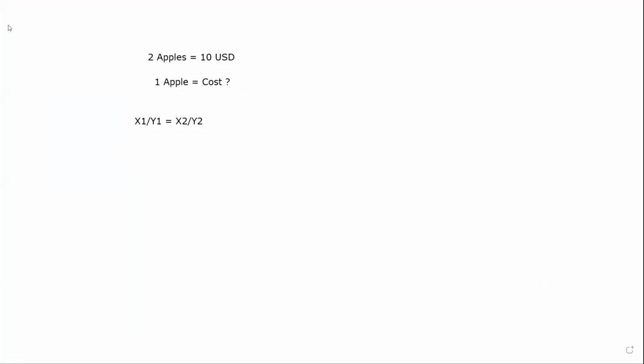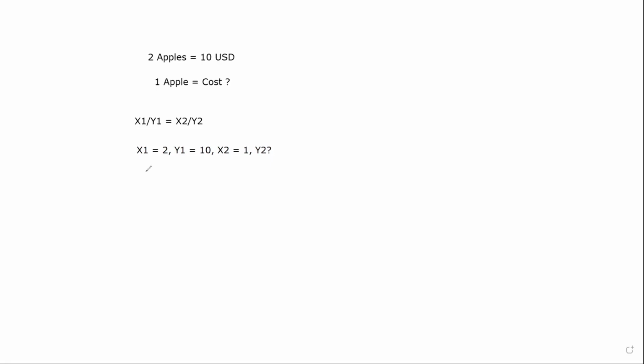So we're going to figure out the value of x1. The value of x1 is 2, and the value of y1 is 10. The value of x2 is 1, and the value of y2 is unknown. So we need to find the value of y2. It's very simple.